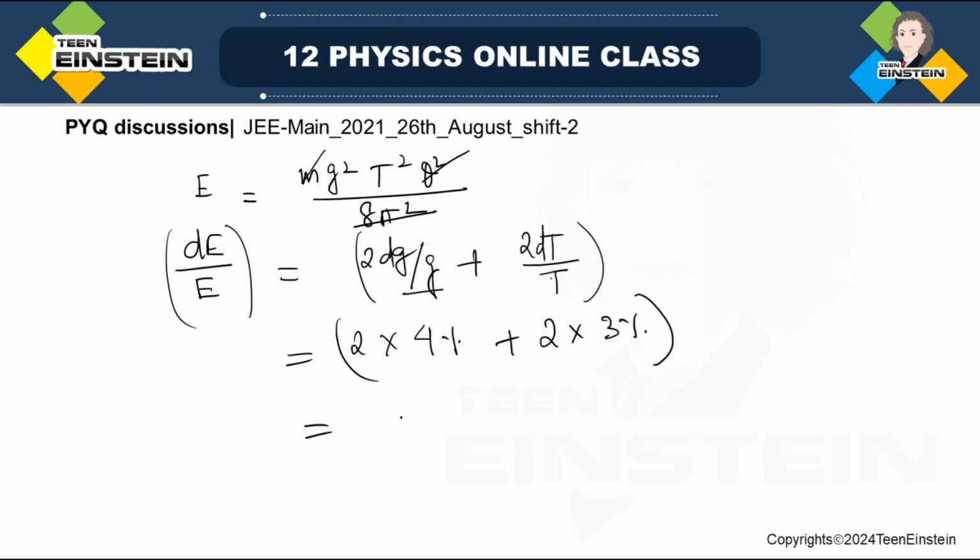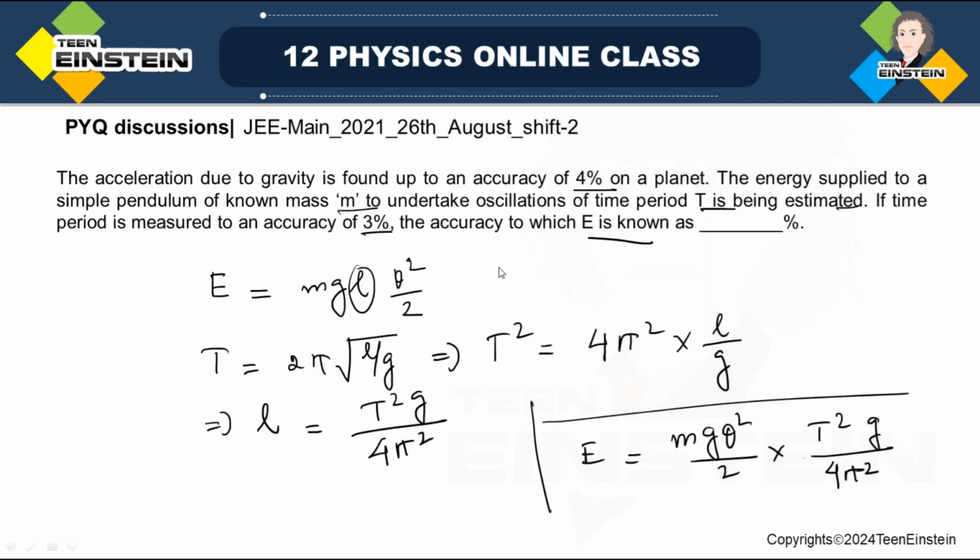So I get 8 plus 6, that means 14%. Okay, in the measurement of energy. So the accuracy to which E is known will be 14%. Okay, 14%.